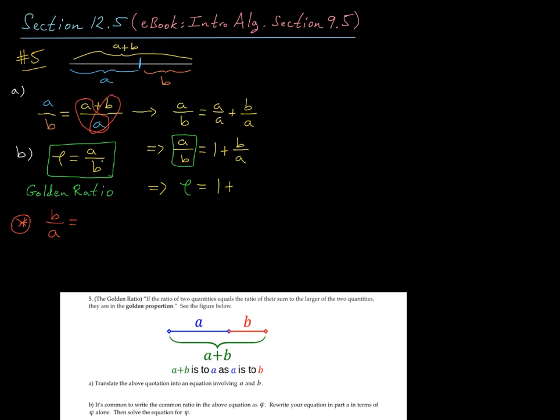Well, B over A is the reciprocal of A over B. So put another way, if I flip this fraction over to get B over A, I'm going to have to flip this symbol over on the left side. So that's going to be 1 over the golden ratio phi. And so I'm going to replace that here.